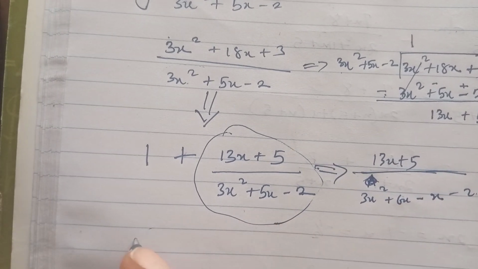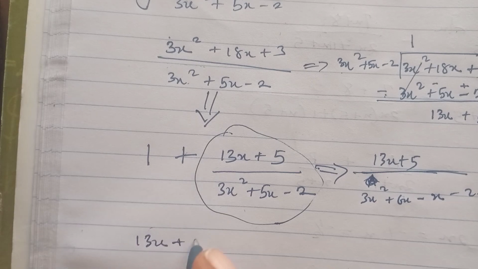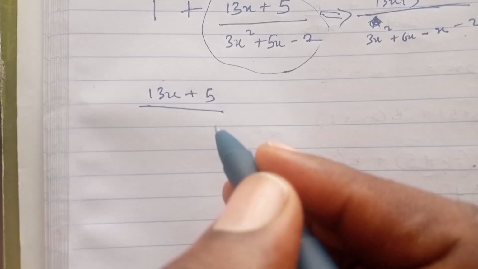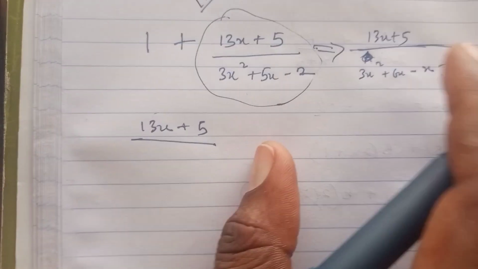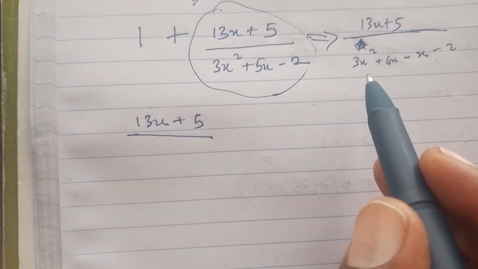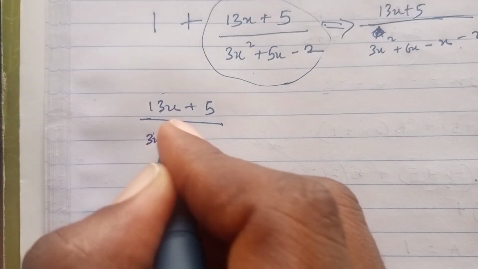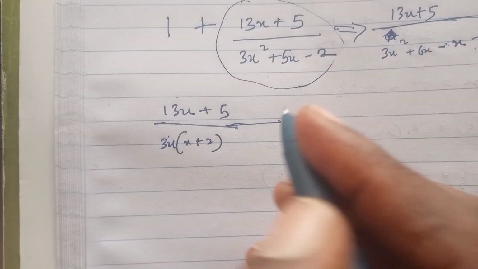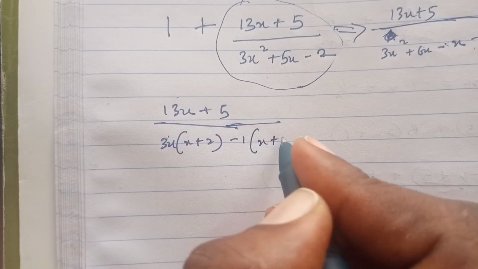So if we factorize this, we're going to have 13x plus 5 over, what's common here? 3x is common, then x plus 2, open bracket, another what's common, minus is common, minus 1, then x plus 2.